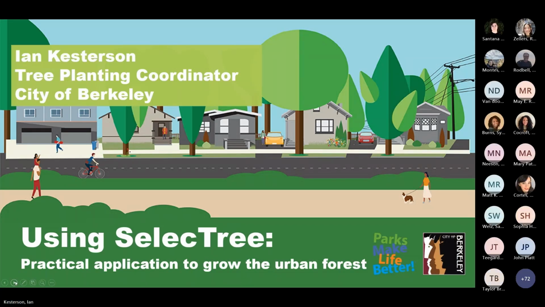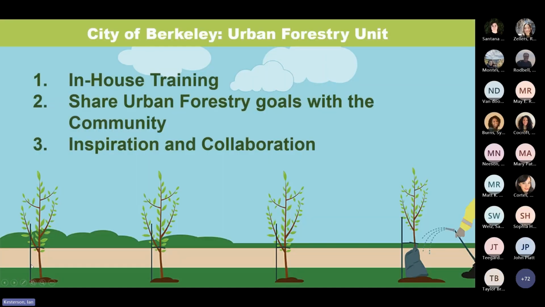So here we are. Okay, I have three methods that we use, specifically this list function we'll talk about in SelectTree in general. I use it for in-house training, to make sure that all the staff understands the trees we're working with, and that our management team is better versed in all of the tree species in our urban forest.